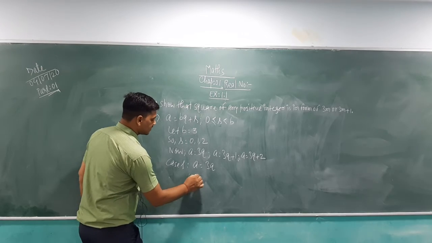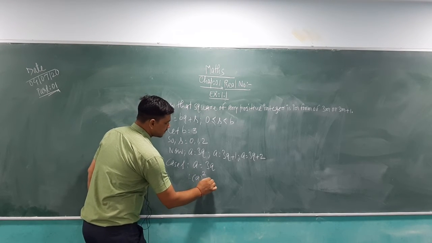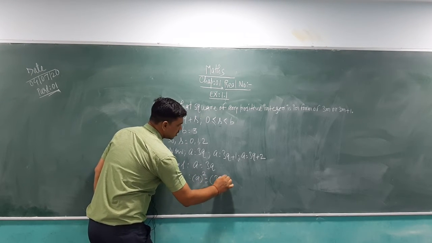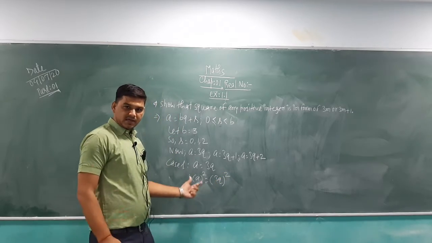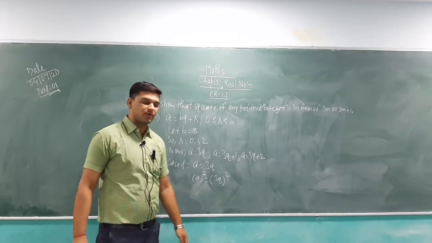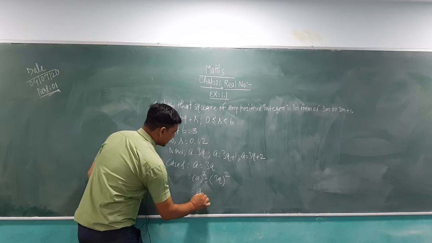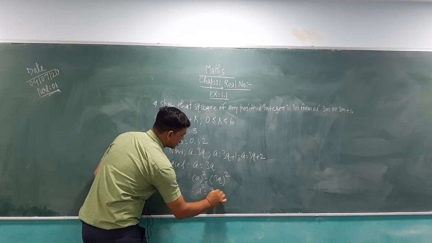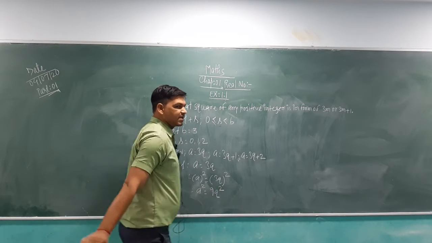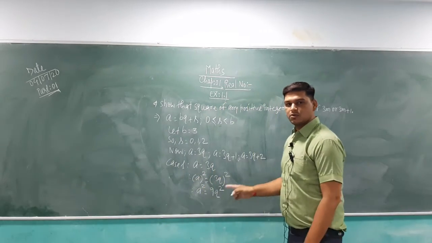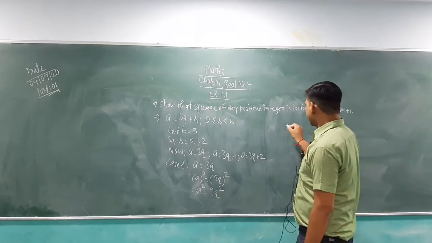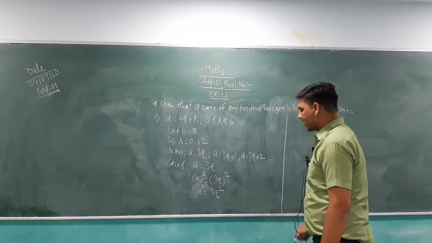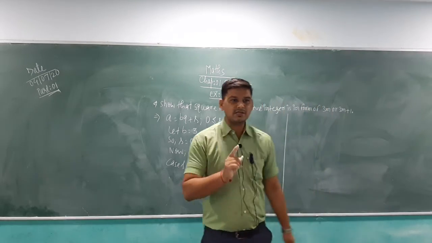So it becomes a² = (3q)², which gives a² = 9q².